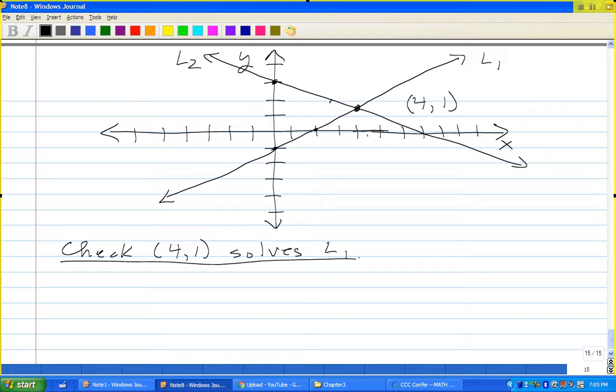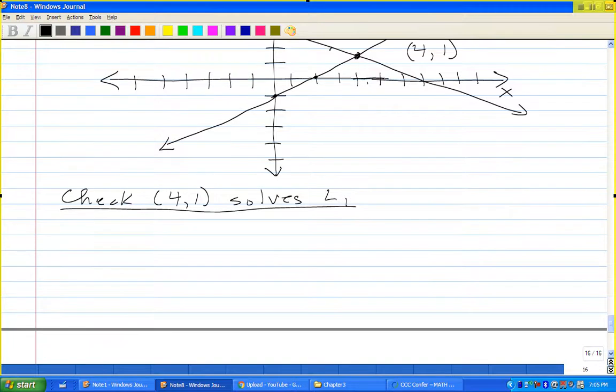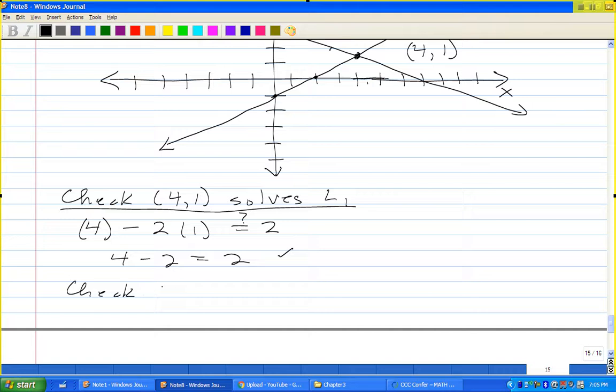Let's look at L1. Is x minus 2y equal to 2? Is 4 minus 2 equal to 2? Yes, good. Let's check if (4, 1) solves the second equation, L2.